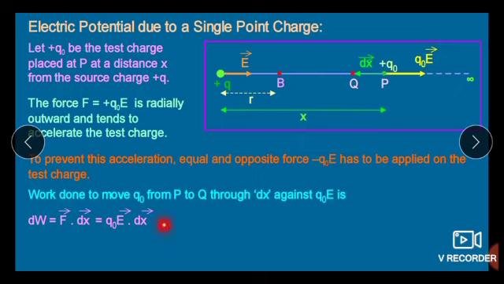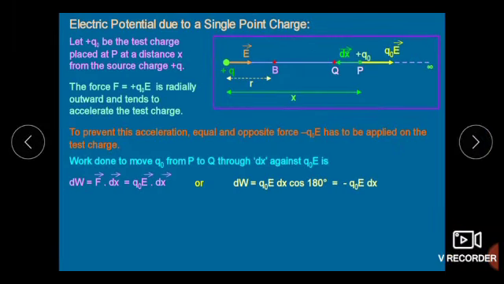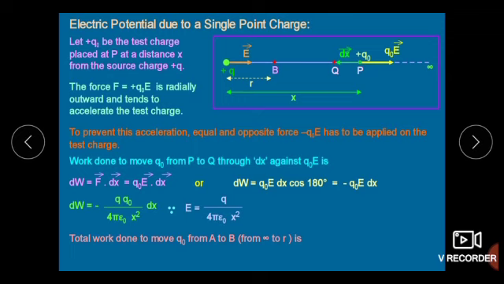If we integrate both sides, we get the net work done. The field E is equal to Q by 4 pi epsilon naught x square.